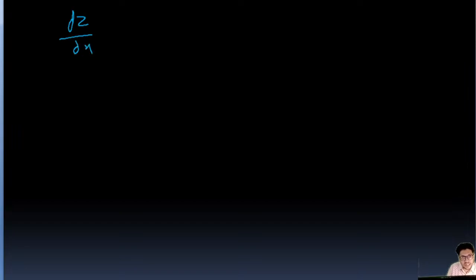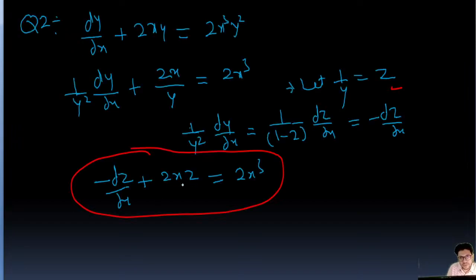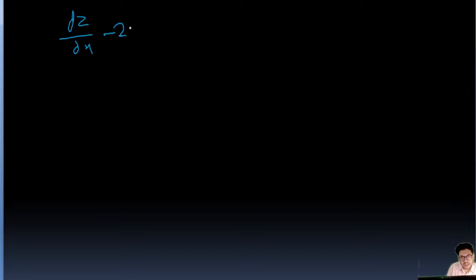Dz upon dx will multiply by minus 1 on both sides. So it is going to be dz upon dx minus 2xz equal to minus 2x cube.